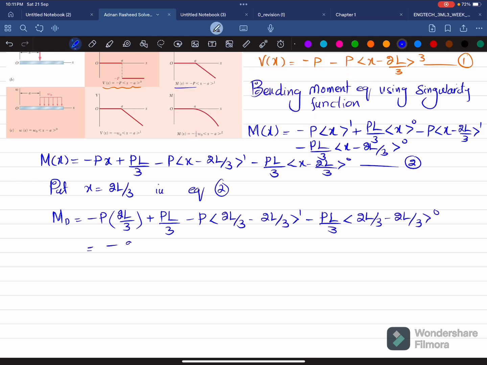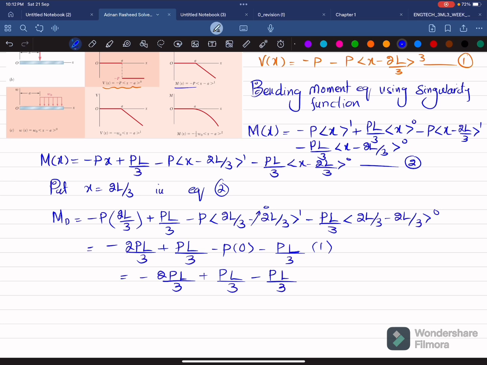So we will get minus 2PL over 3 plus PL over 3 minus P times this term will be 0, anything power 1 is 0. So minus P into L divided by 3, and this term will be 0, 0 power 0 is 1. So we can write it minus 2PL divided by 3 plus PL divided by 3. This will be 0, minus P into 0 is 0. And minus PL divided by 3.